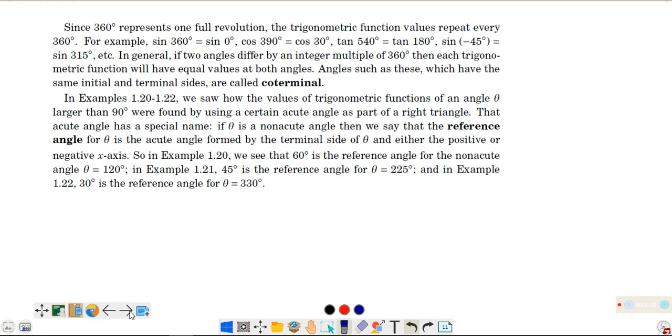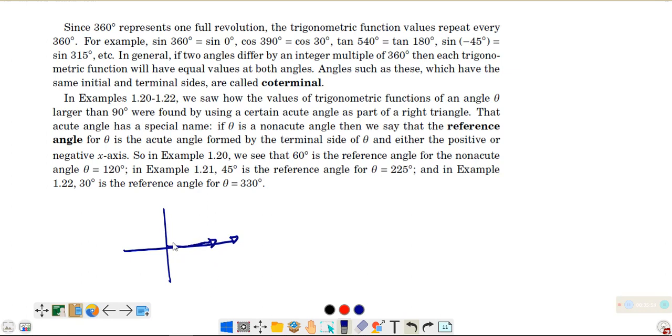So, since 360 represents one full revolution, the trigonometric function values repeat every 360 degrees. For example, sine 360 degrees is equal to sine 0. Sabi natin kanina, pag hindi nag-move, ang initial side, 0 yon.